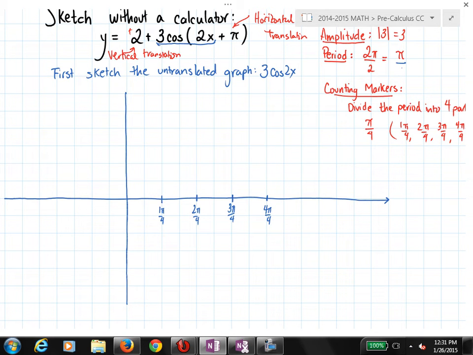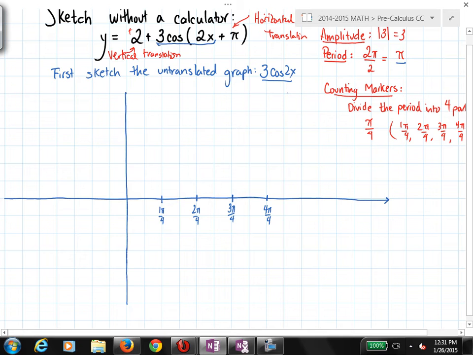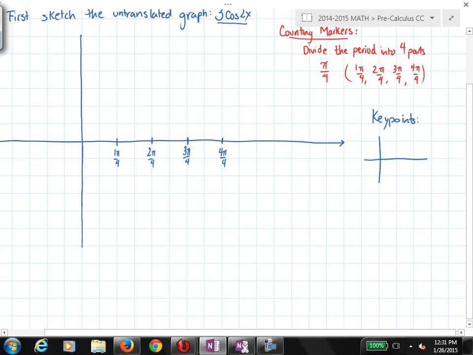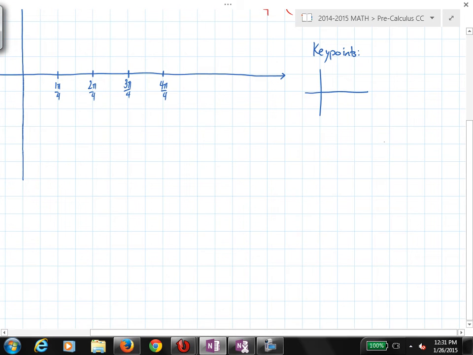Now the untranslated graph, which again is 3 cosine of 2x. For cosine, what are the key points? Where does cosine start off at? Well, in this example, yes, it's going to start off at 3, but for the parent function, it's going to start off at 1, and it does something like this.